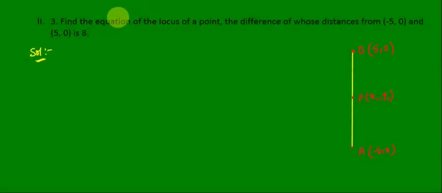See, the third question is: find the equation of the locus of a point, the difference of whose distances from (minus 5, 0) and (5, 0) is 8. So what does it mean?